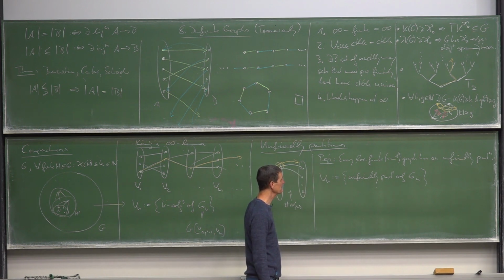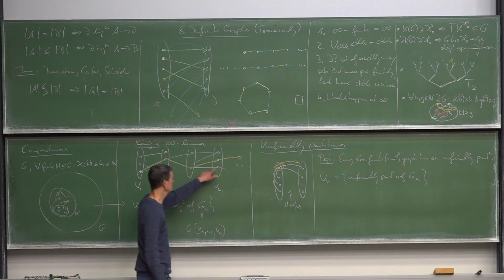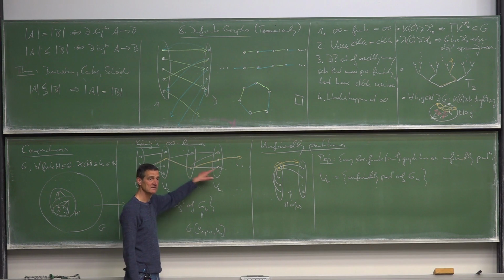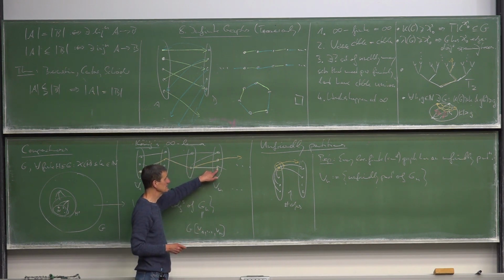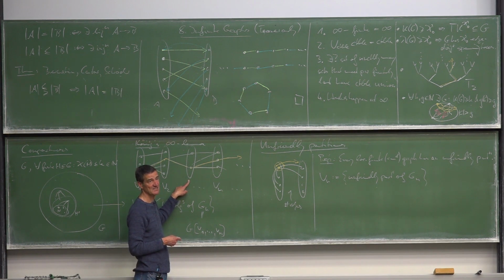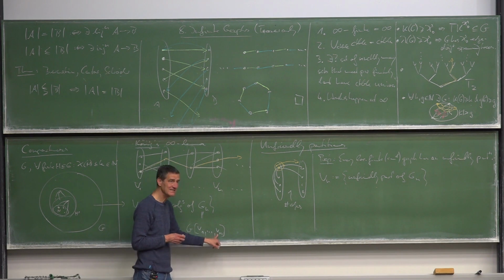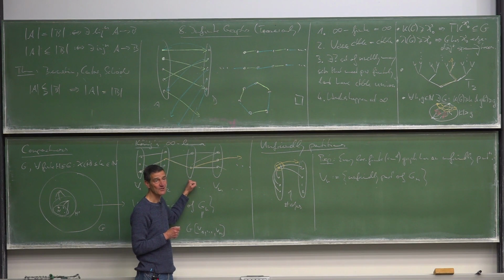So there is an unfriendly partition of Gn for every n, and how would we define the predecessor here, the edge back? Well, in the obvious way, we have a partition of Gn that induces a partition of Gn minus 1. Trouble is, it needn't be unfriendly even if that was. Why not? Because this Vn that we deleted might be needed as an opposite neighbor here, and it's no longer available.